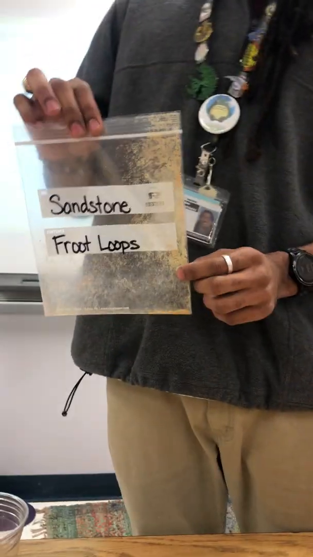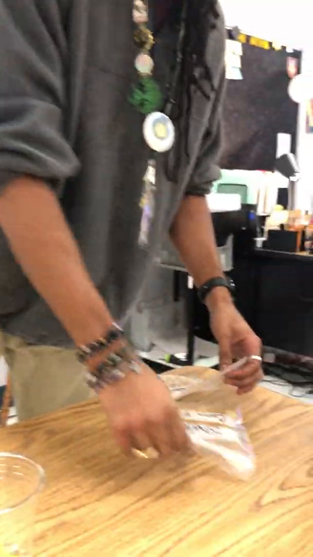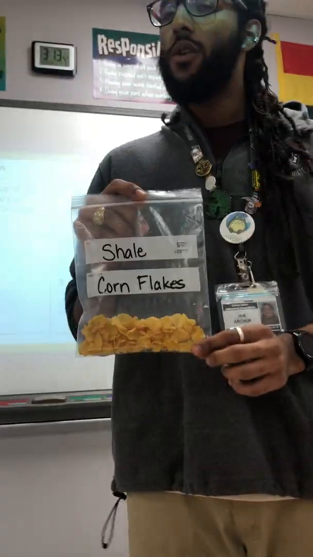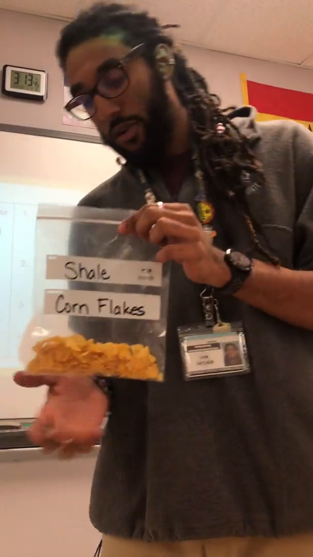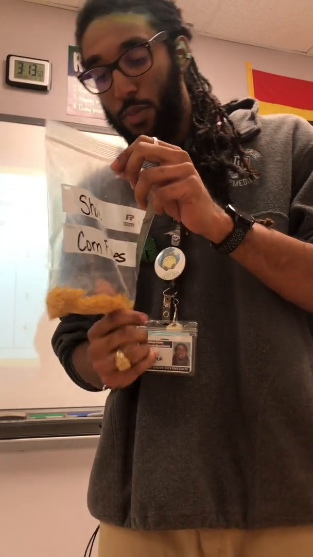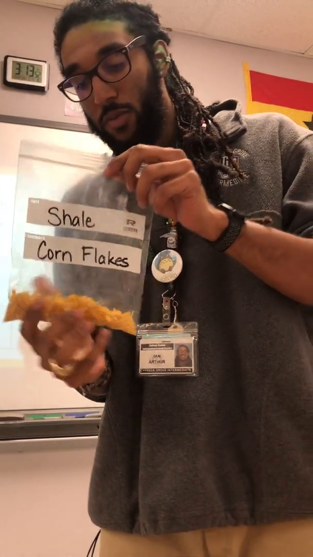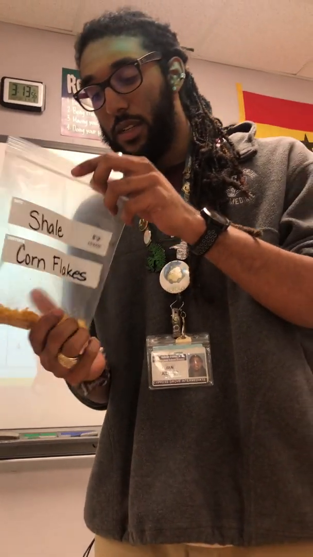So these Fruit Loops, again, represent a layer of sandstone. Next, I'm going to use corn flakes to represent a layer of shale rock, right? These corn flakes are really brittle, easy to break up, just like shale. Shale is a rock that's easily broken apart.